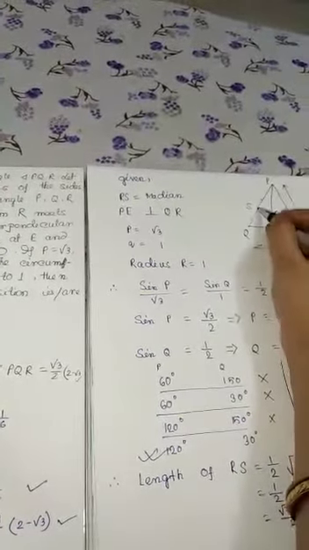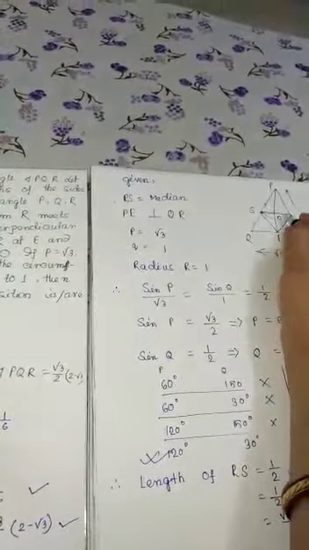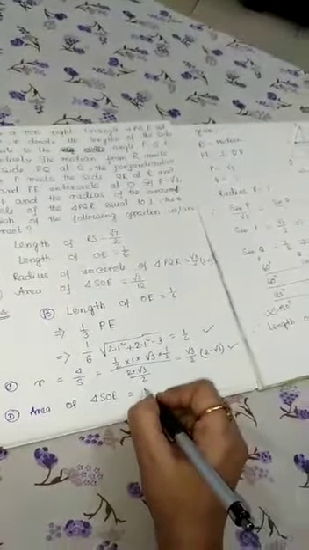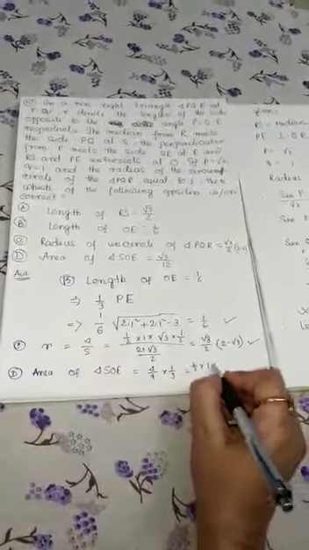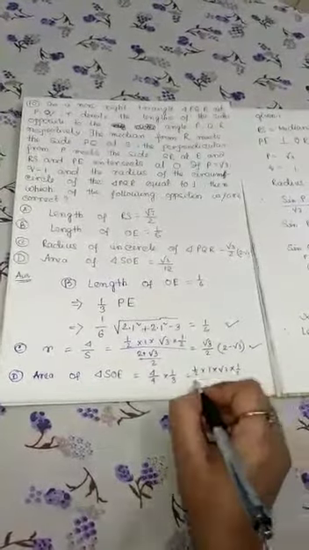The area of triangle SOE is equal to delta by 4 into 1 by 3, where delta is equal to half into 1 into root 3 into half, divided by 12.